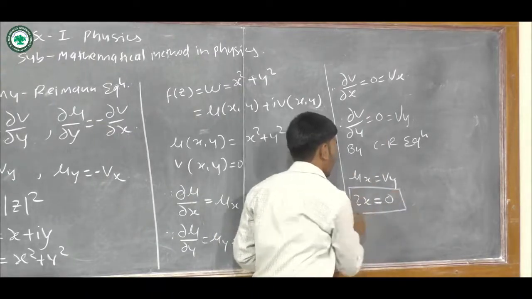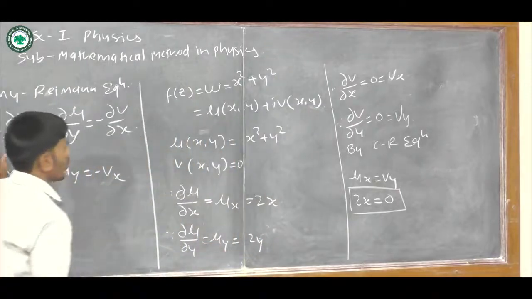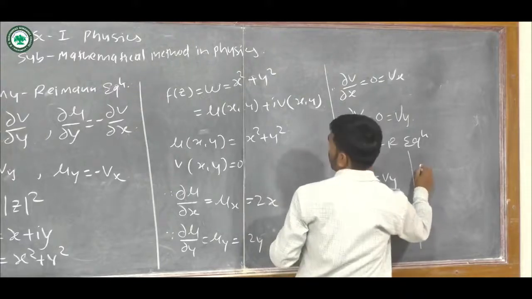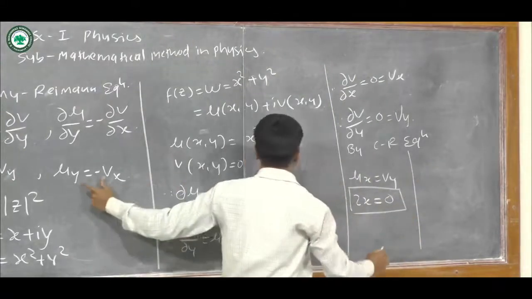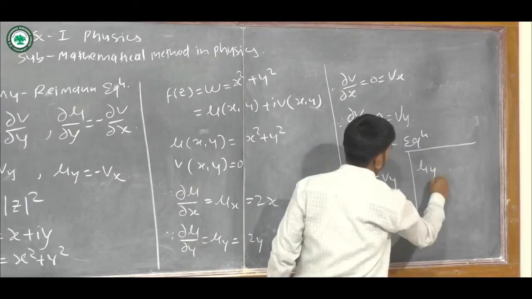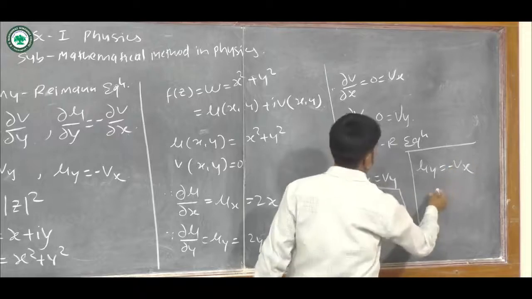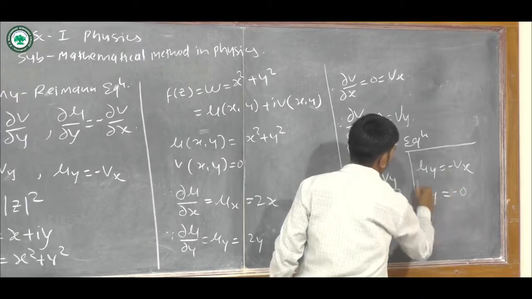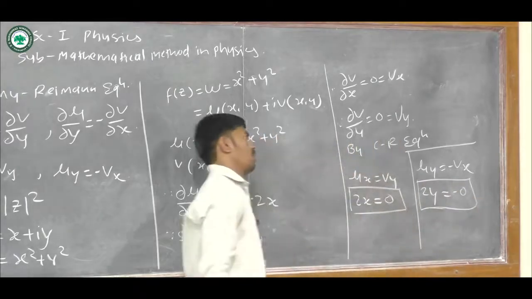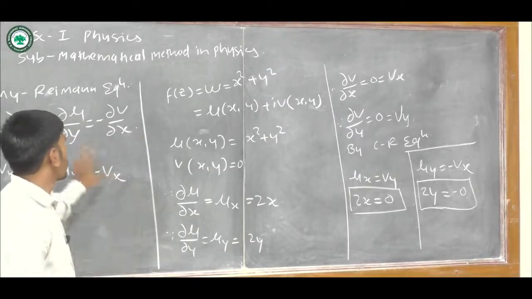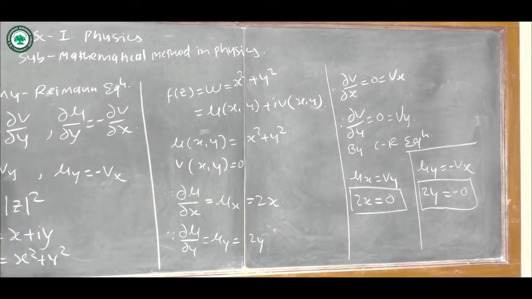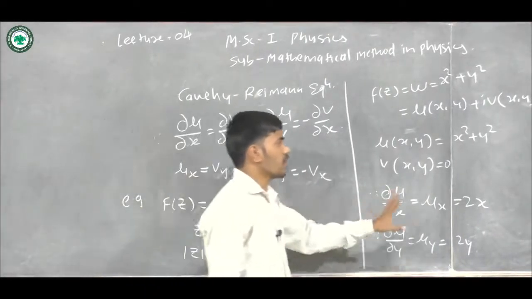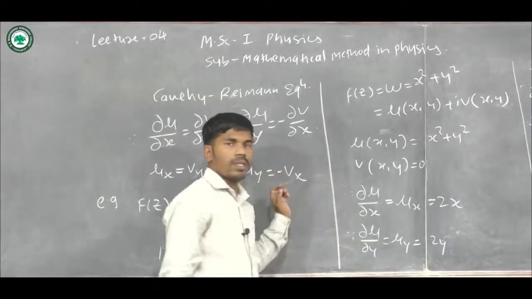The second condition is u subscript y equal to minus v subscript x. Here u subscript y is equal to 2y, and minus v subscript x is minus 0. So for f of z equal to mod z squared, it does not satisfy these two conditions, so we call this function not analytic.